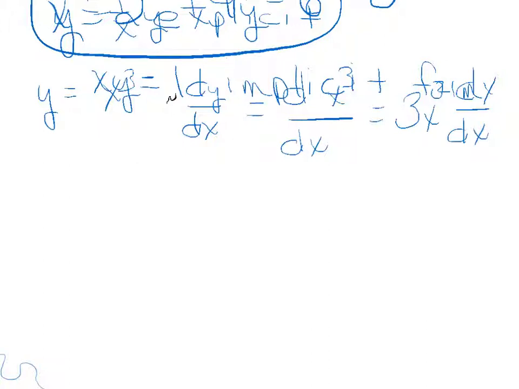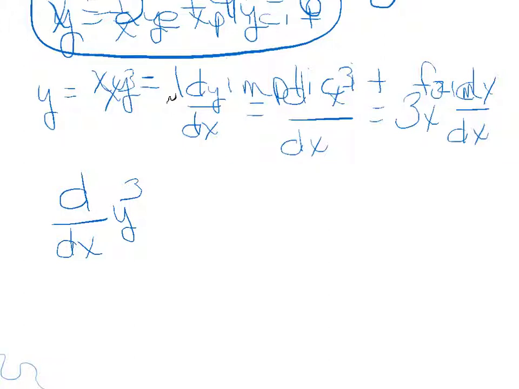And look at what we would do if we want to take the derivative with respect to x of y cubed. So this time, my variable's not x, but we're taking it with respect to x. So we really are using a form of the chain rule.